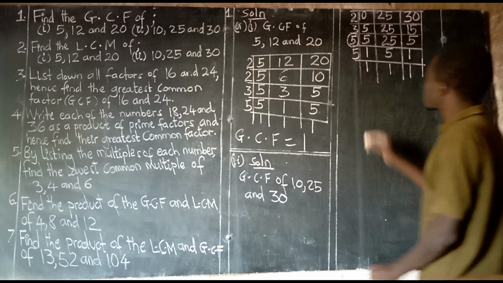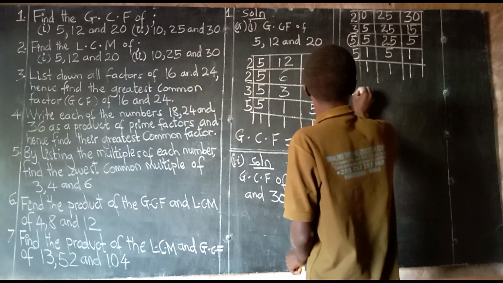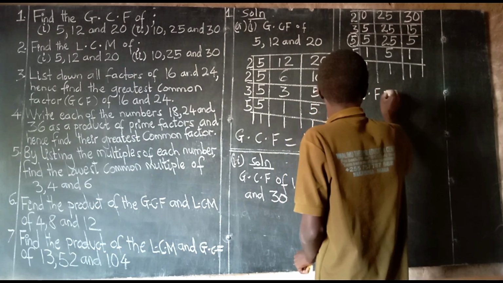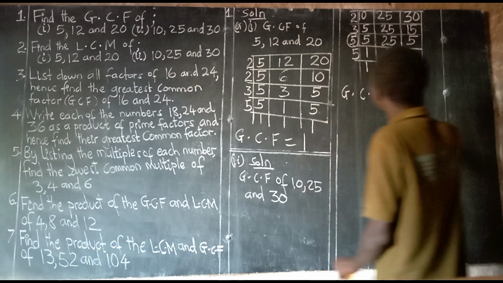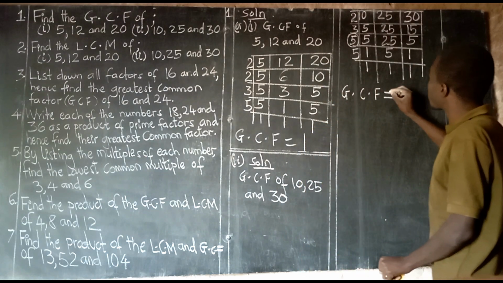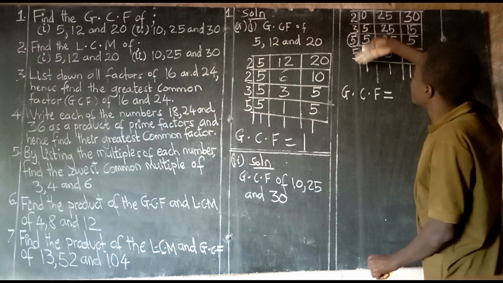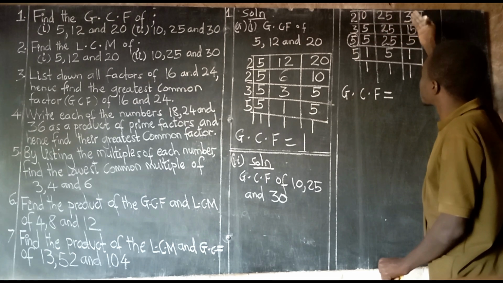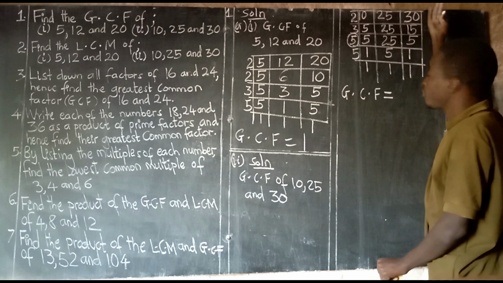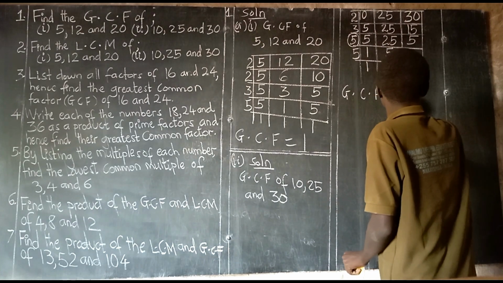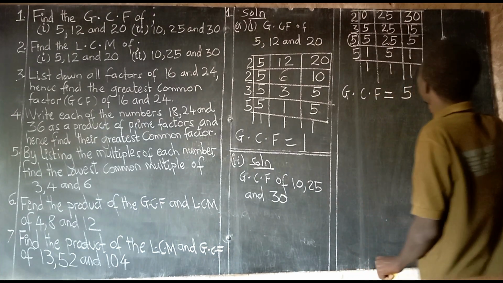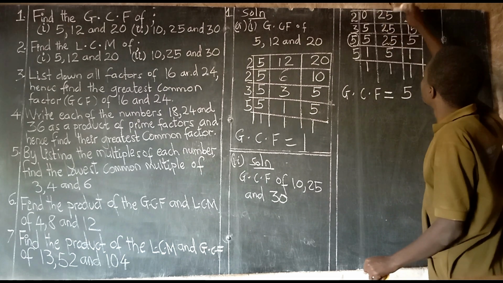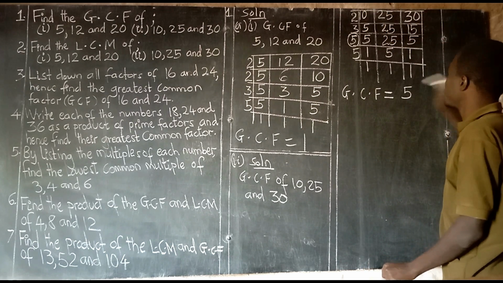To get the GCF, we take the product of the prime numbers which have divided all the given numbers completely. Here we only have 5. So the GCF of 10, 25, and 30 is 5.